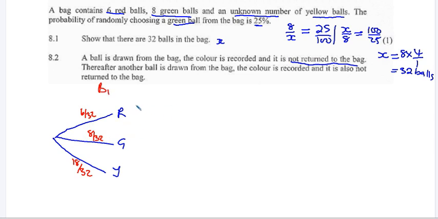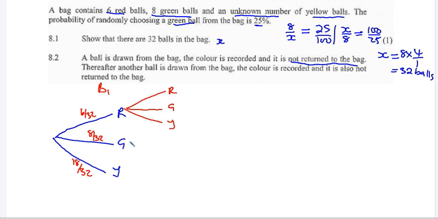And then choosing the second ball, we have 3 colors. If you choose the red ball first, when you are choosing the second one, we still have 3 possibilities. It's going to be a red, a green, and also a yellow.